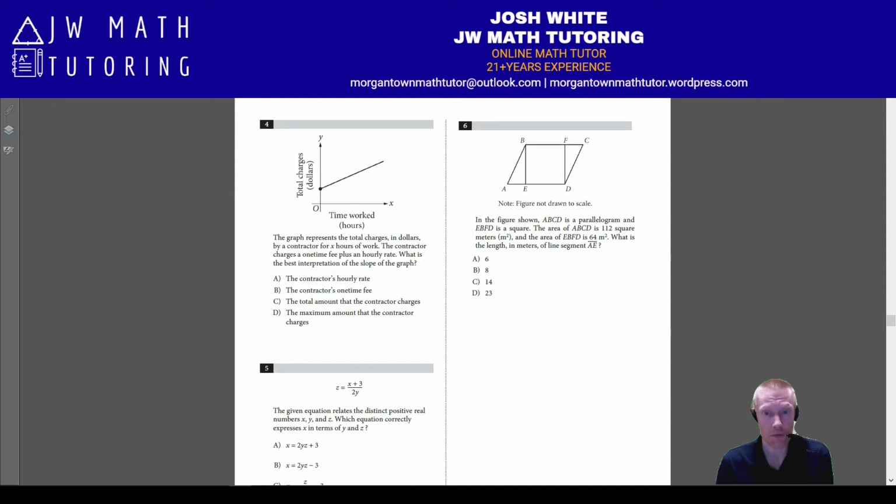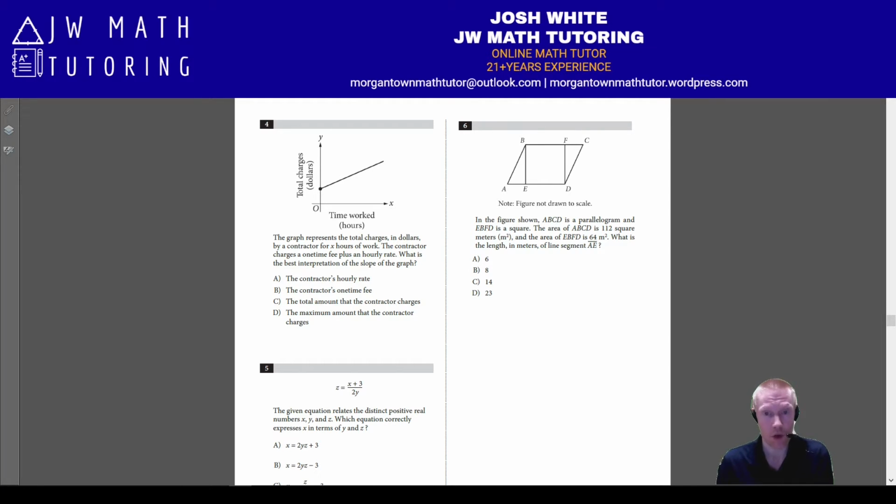So the slope of this graph would tell us, for a 1 unit increase in the number of hours worked, how much does the charge go up by? How much does the total charge increase by in terms of dollars?